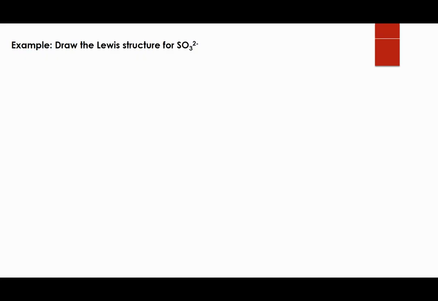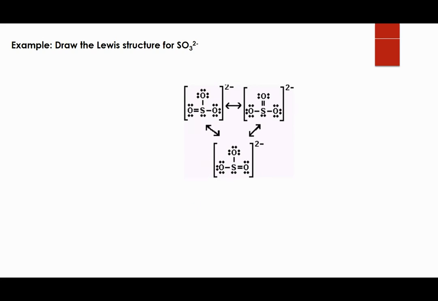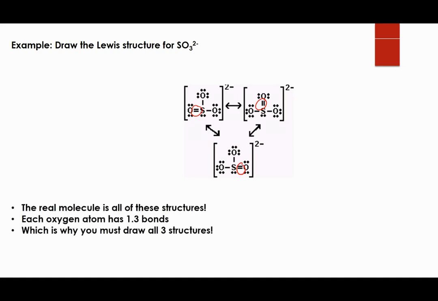We looked at this example up above in the notes, but if you were to draw out SO3 2-, if we were to draw out all the different possible structures of SO3 2-, we have 3 different possible orientations of this molecule, with the double bond existing on different oxygens. Because of this, we can say that the bond between oxygen and sulfur is 1.3.